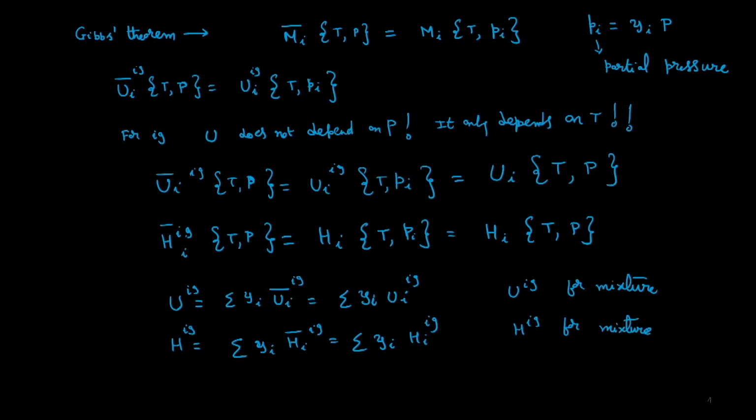Now, what about entropy? According to the Gibbs theorem, Si bar for an ideal gas at T and P is Si at T and Pi, right? This is at some composition Yi. Let's call this Si IG at T and Pi, right?